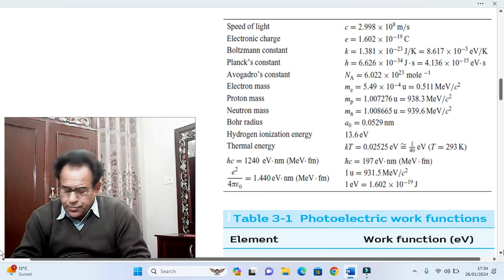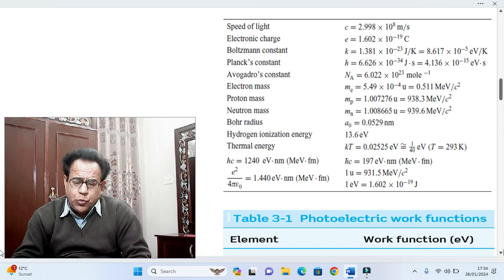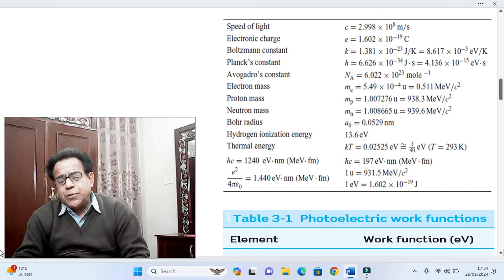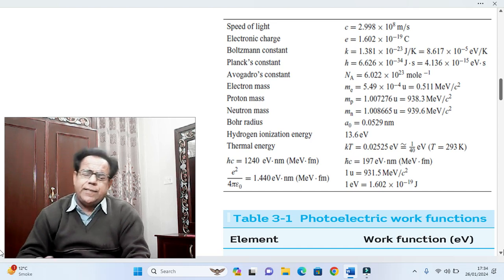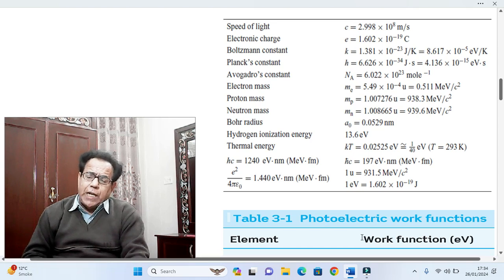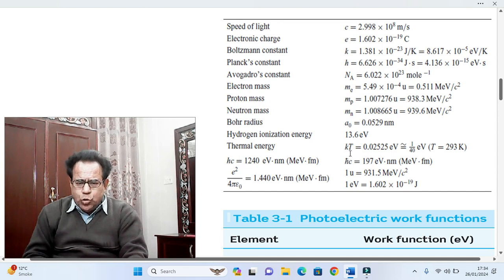Before starting the solution in a formal manner, we will go through a few snapshots which were also included in the previous problem. We will skip those for the time being. First snapshot, table of physical constants. From here, the combined value of Planck's constant h and speed of light c is the most relevant.